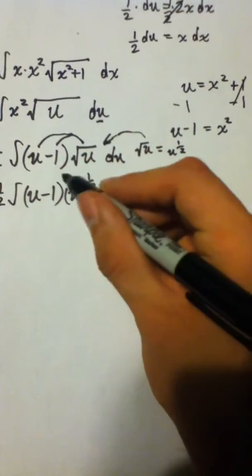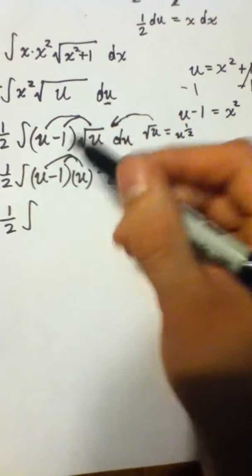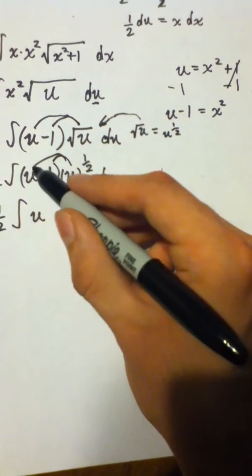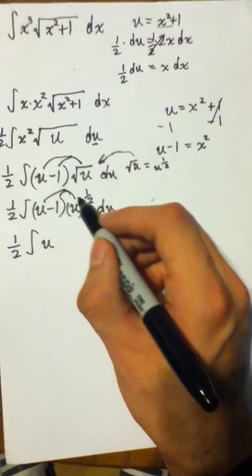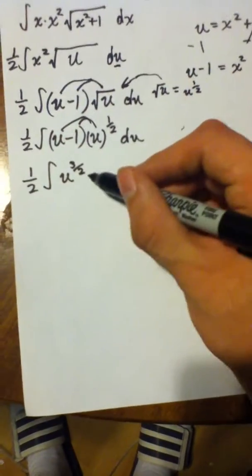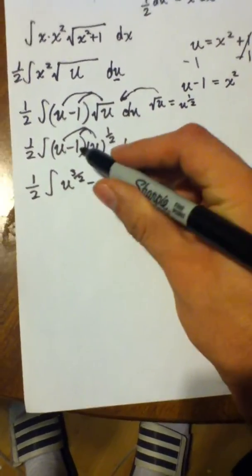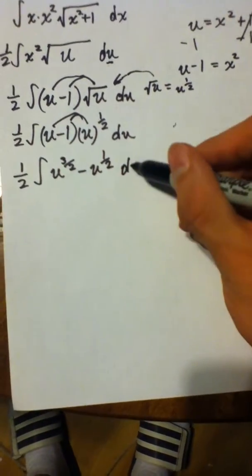So what happens is I'll distribute it, and you end up getting 1/2 the integral of u, so this is to the 1 power. So if you add a 1 plus a 1/2, you get a 3/2. And then minus that u to the 1/2 times 1 would just be u to the 1/2 du.